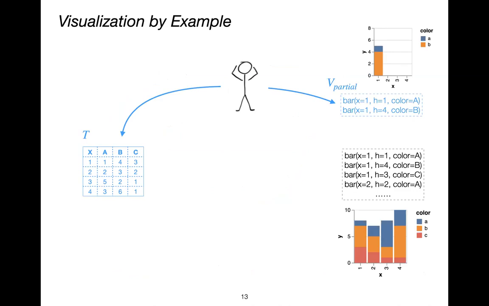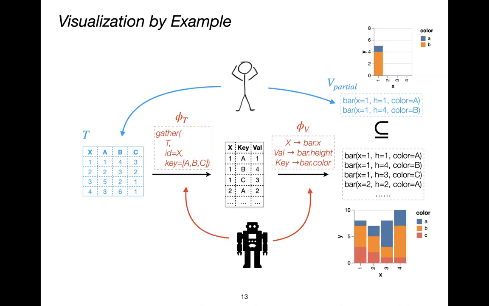What the user asks the computer is essentially to find a visualization that contains all the bars, and the visualization should be derived from the input table. This is the objective. The computer needs to figure out 2 transformations: the transformation of the data layout and the transformation of the visual elements to create the final visualization that contains the demonstration.